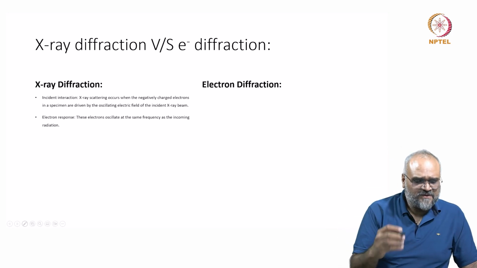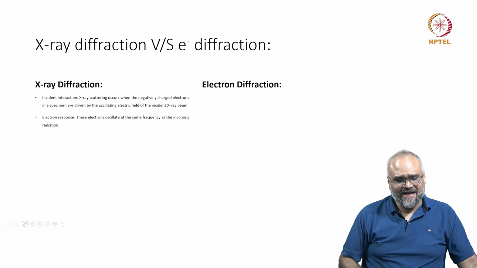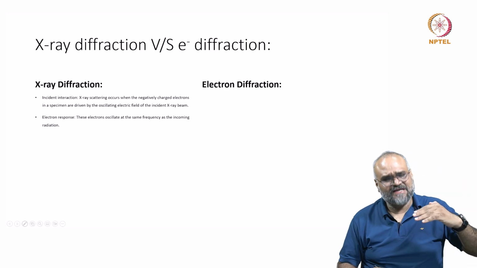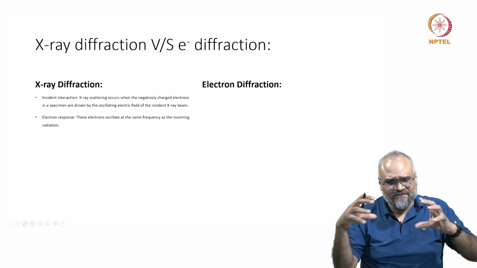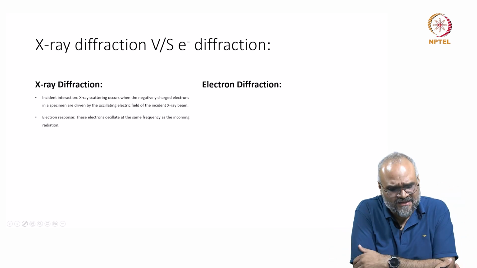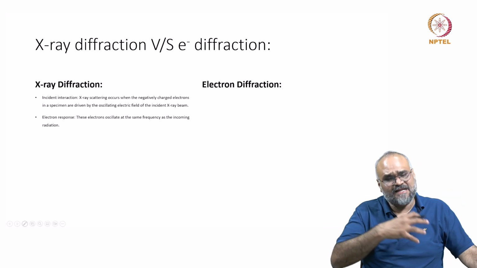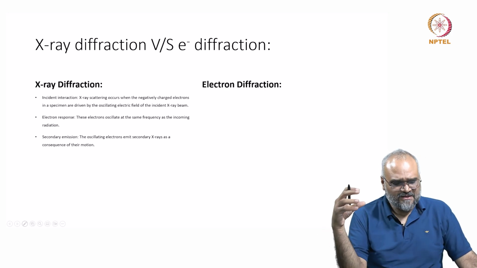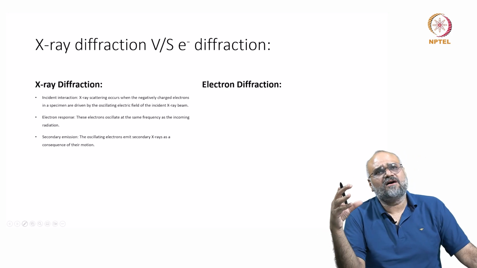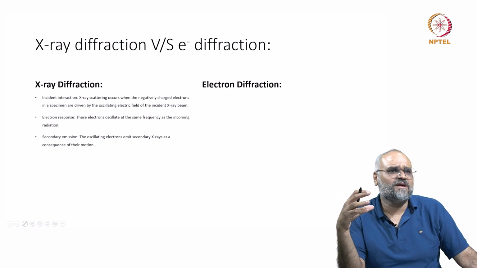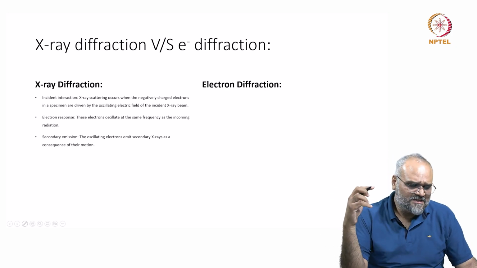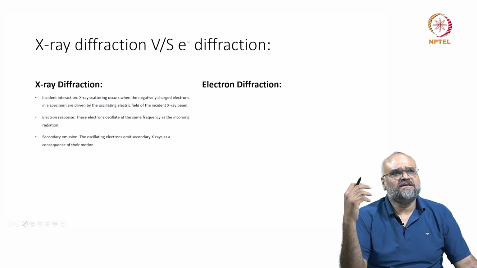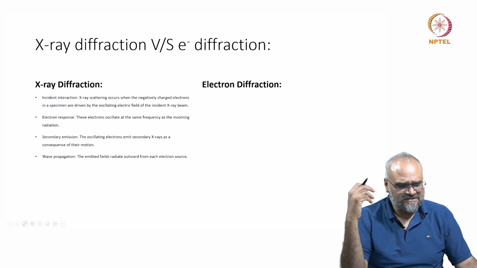The response from these electrons is a consequence of the interaction of the field of the X-ray with the field of the electron or the electron cloud within a crystalline sample, which are again periodically arranged. You get some kind of a resonance, or let us say a constructive interference, and you get the X-ray diffraction pattern. So, it is essentially a field-field interaction in X-ray diffraction.